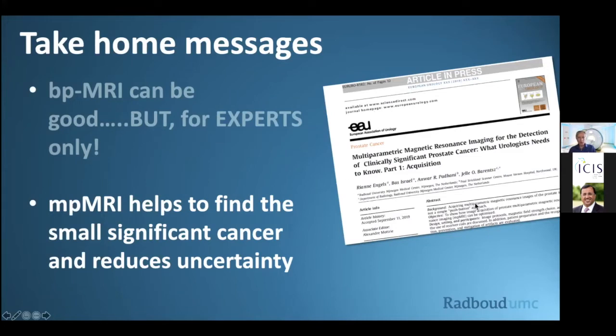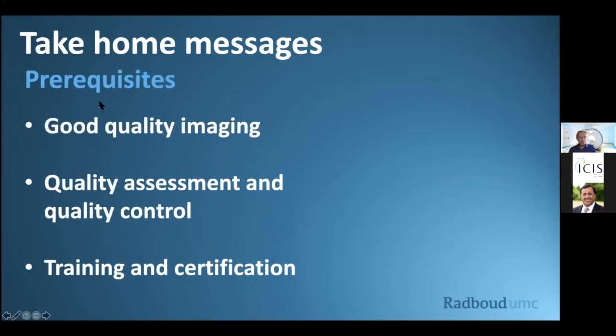And this is a paper in European Urology where we give some advice on how to optimize the images. You need to have a good quality image if you consider omitting contrast. There needs to be quality assessment and quality control. You need to know how good you are. And you need to have training and preferably be certified.